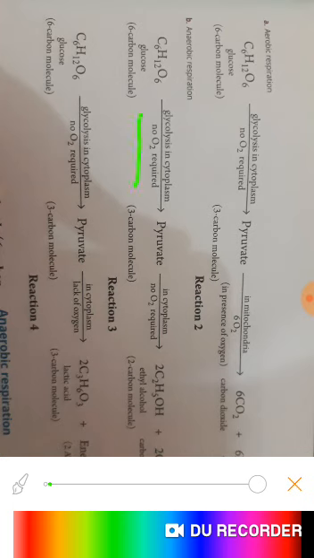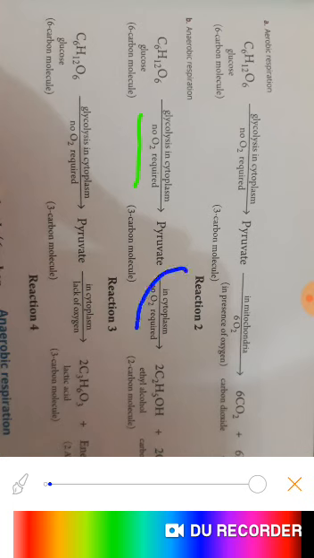Remember these points, they will help you a lot. Then this glucose gets converted into pyruvate, 2 molecules of pyruvate. The 6-carbon will get converted into two 3-carbon compounds, because pyruvate is a 3-carbon compound.